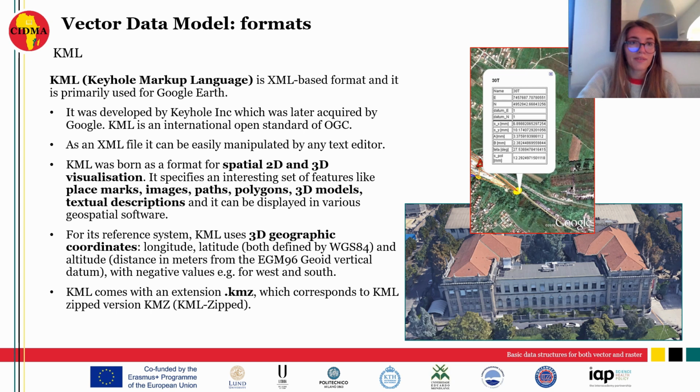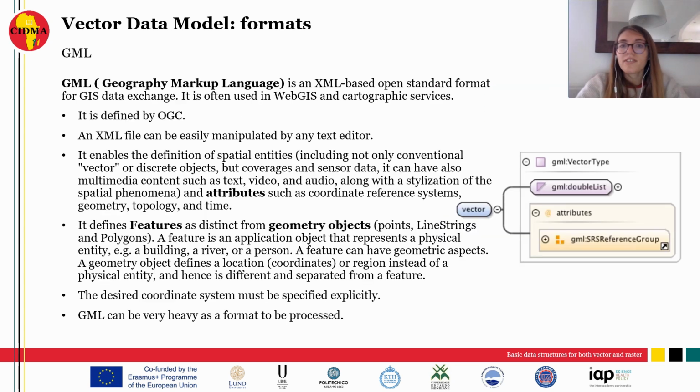Another vector format is GML, Geography Markup Language, that is, as KML, an XML-based open standard format, and it is used for GIS data exchange. It is often used in WebGIS and cartographic services, even though it tends to be sometimes very heavy as a format to be processed.